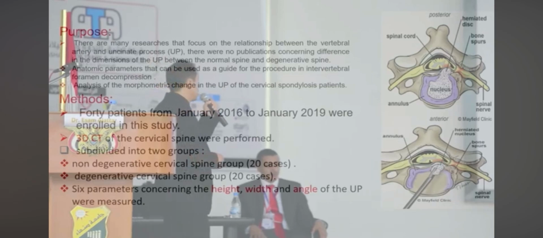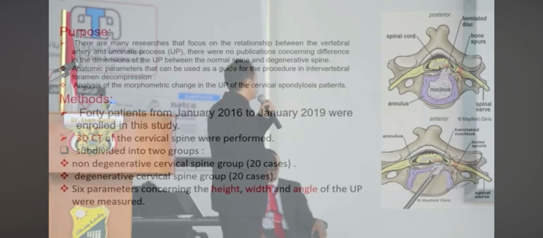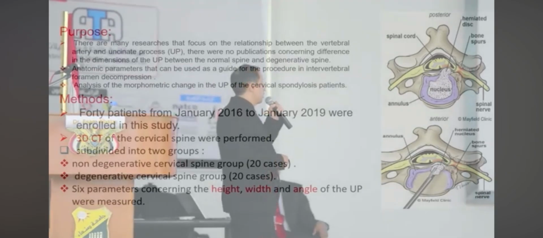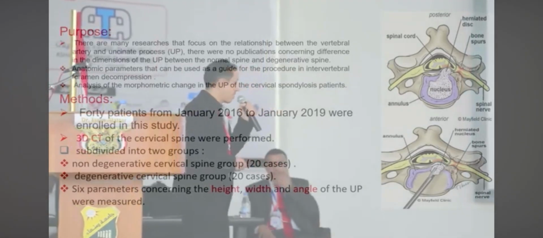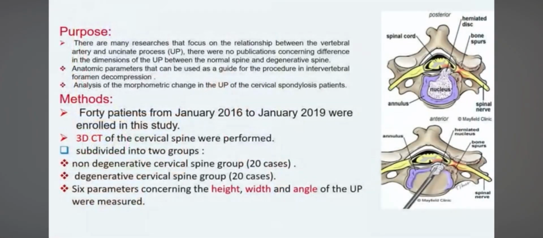Also, there was no anatomic parameter that can be used to guide the procedure in intervertebral foramen decompression. So we analyzed the morphometric change of the uncinate process in cervical spondylosis patients.